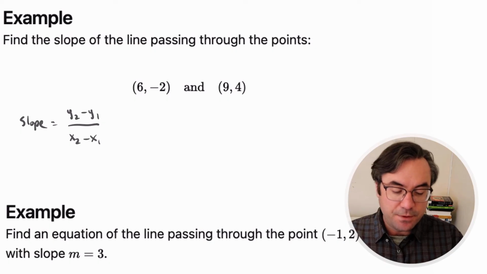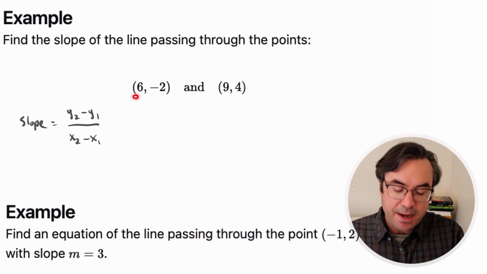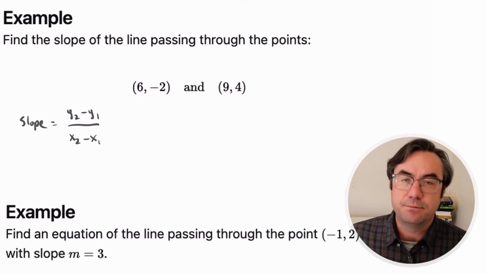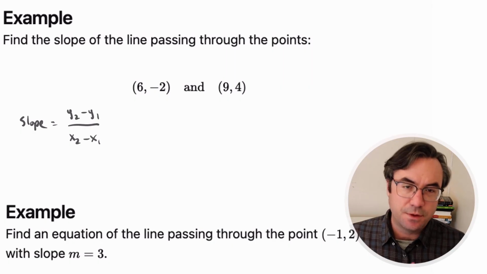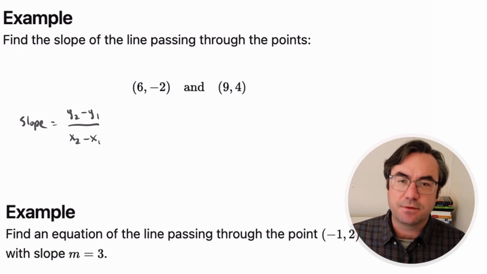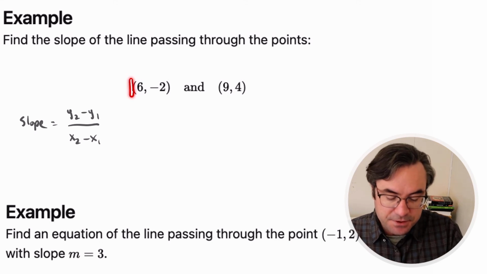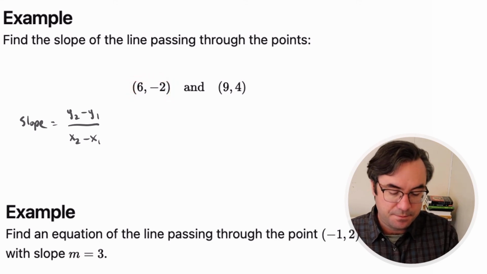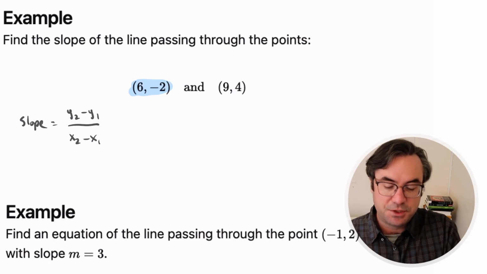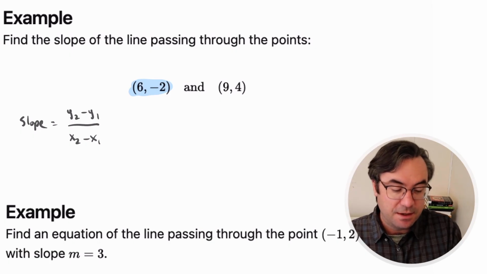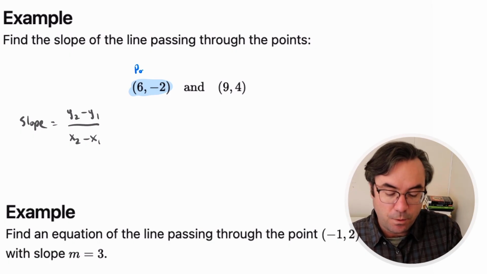And when we do this, it really doesn't matter which point we pick first. So you'll get the same answer regardless. You just have to be consistent. So just because it's written first, I'm going to call this one point 1.